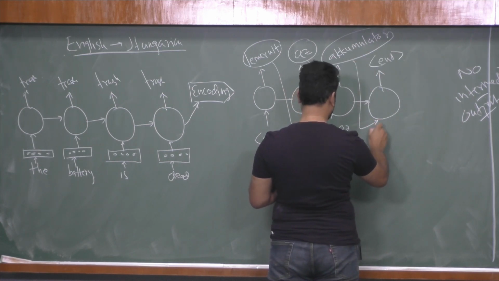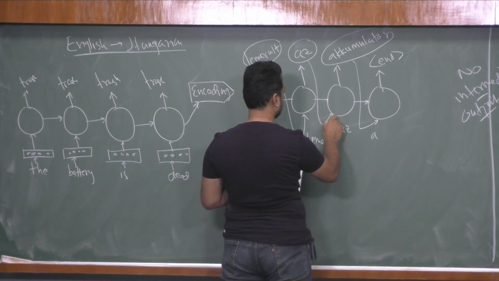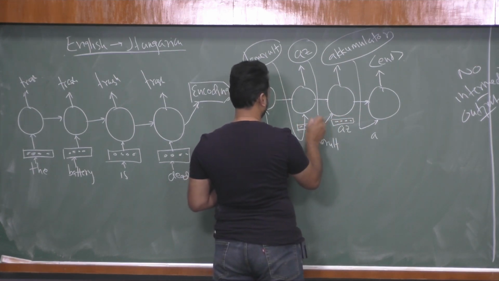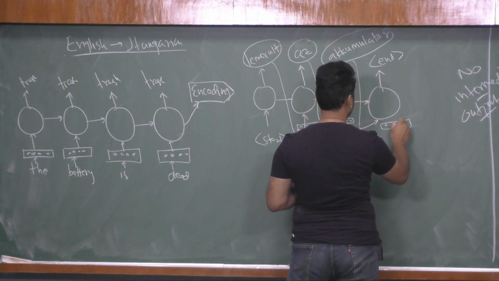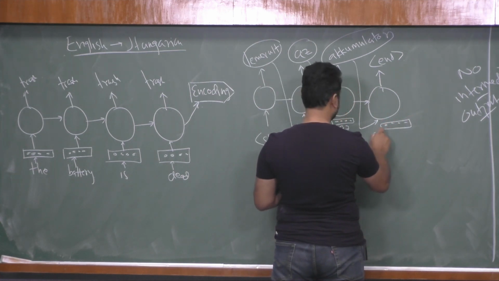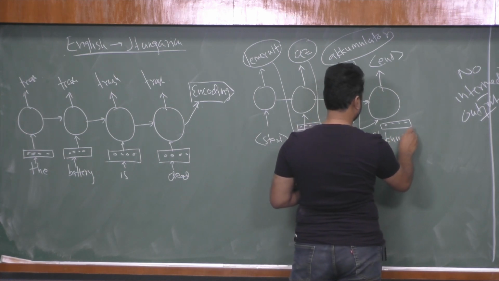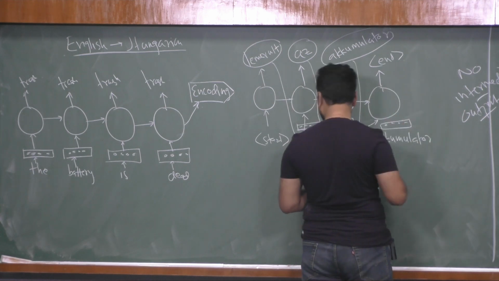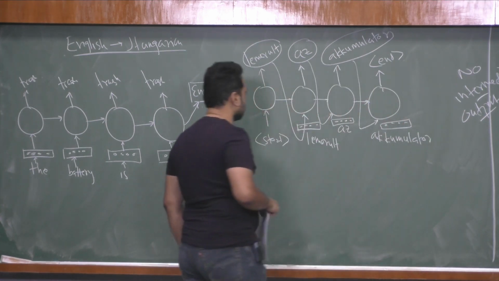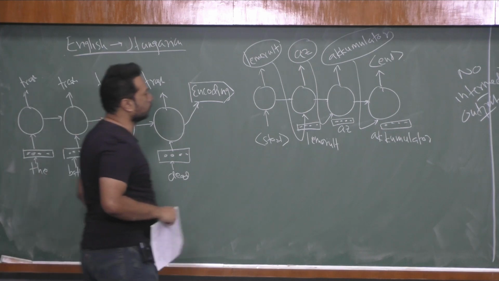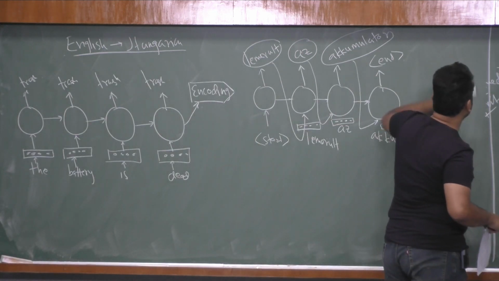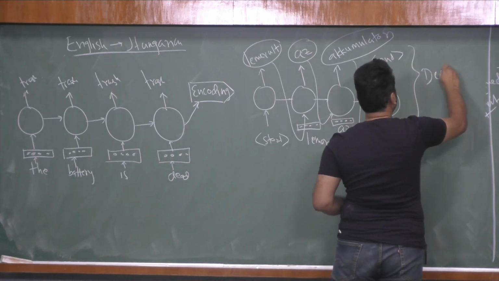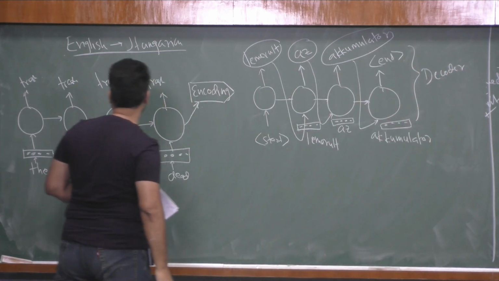For all of these, obviously their corresponding vector representations go inside, and here also the vector representation of accumulator. Finally it produces an end, and that's where the translation stops. This is how the translation happens from English to Hungarian. This is obviously our decoder, and this was obviously our encoder.